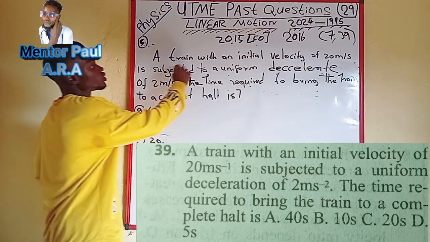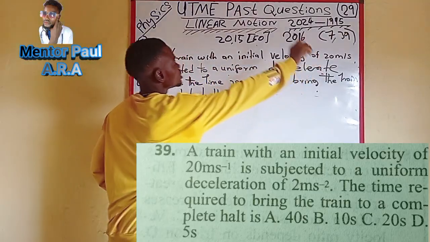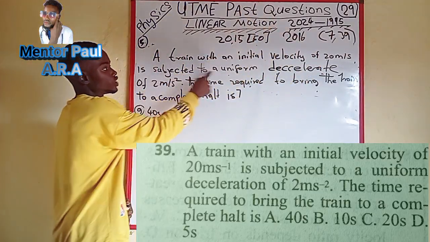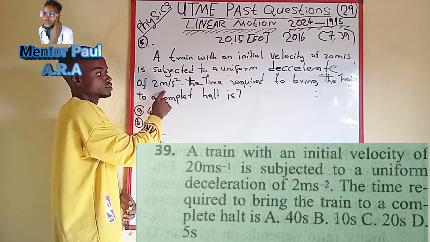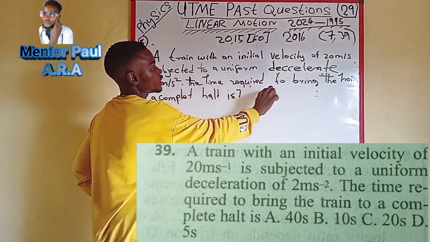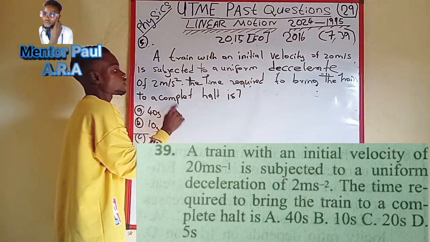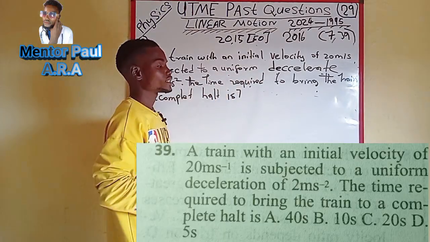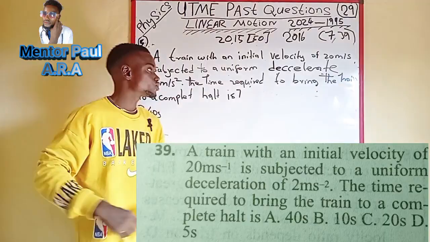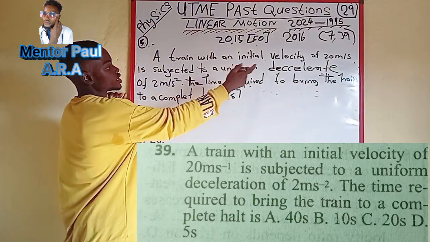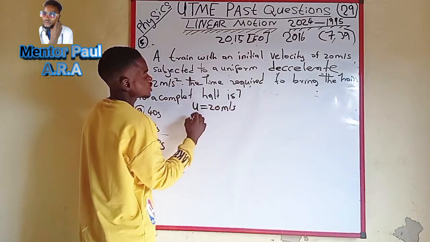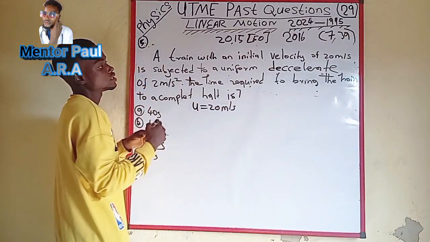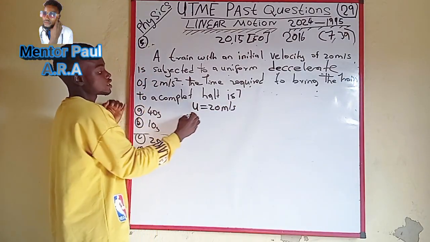Here we have a train with an initial velocity of 20 meters per second subjected to a uniform deceleration of 2 meters per second square. The time required to bring the train to a complete halt is what? A complete halt means when the body comes to rest. So we say that initial velocity u is given to be 20 meters per second, and it is decelerating at 2 meters per second square.